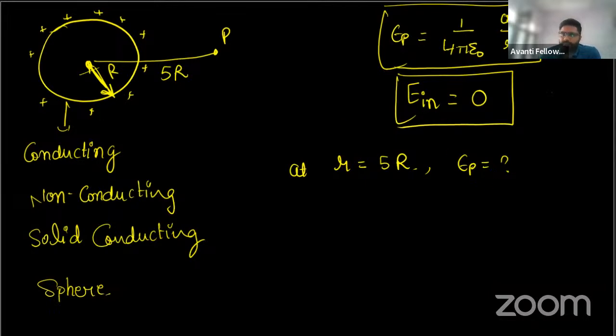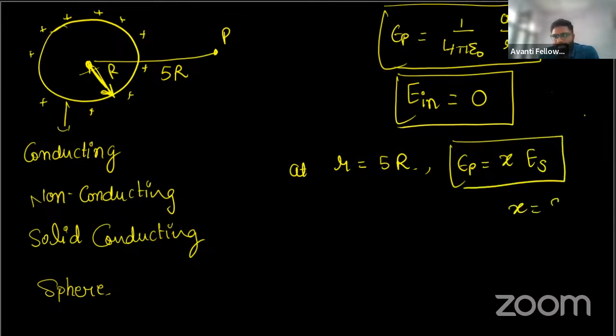And you have to express this field in terms of E of surface, which means E_P is x times E of surface. Then find the value of x. Tell me. Anyone? Try to do it. What is the value of x?